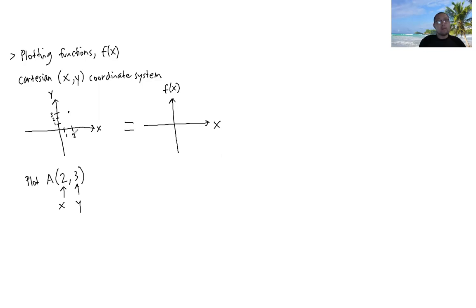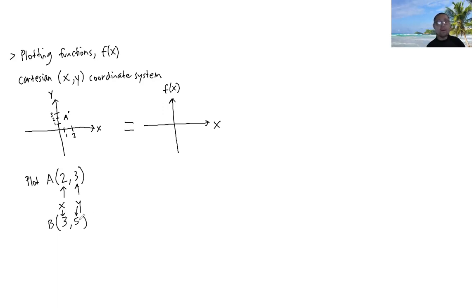Now let's say I choose another point called B, and the coordinates for B are 3, 5. Same thing. The 3 is your x coordinate, the 5 is your y coordinate. On the same plot, and let's label this point A so we can discern the two, to plot point B, we're going to go to the right 3 times.